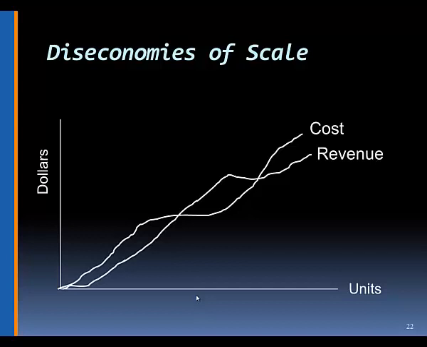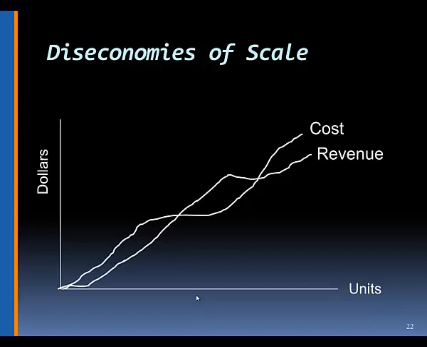There are 2 intersections. Below the first intersection, we are in a loss. Below the second intersection, we are in a profit. And within that pocket, you'll notice there's a point in there which we actually are very profitable. Then all of a sudden, our revenues are less than our costs, and so we're now back into a loss.